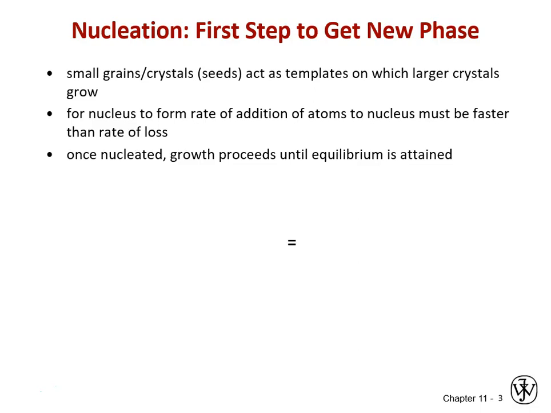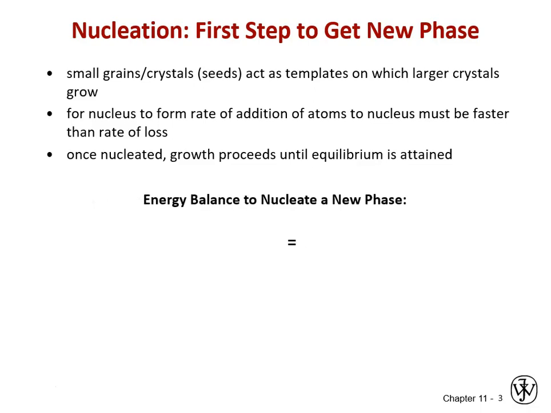Sugar molecules are constantly being added and dissolving in a dynamic manner, and if the rate of dissolution and precipitation is the same, you're at equilibrium. Well, in this case, if you want the phase change to occur, you want the nuclei to grow, so the rate of growth has to be greater than the rate of dissolution. That dynamic equilibrium has to be shifted from a net zero rate.